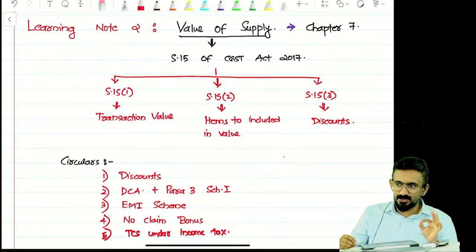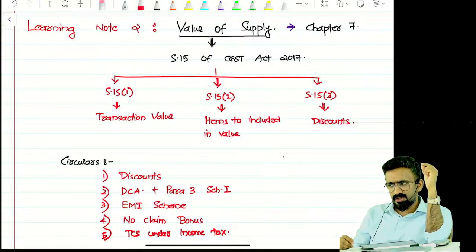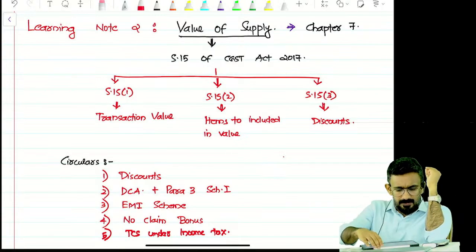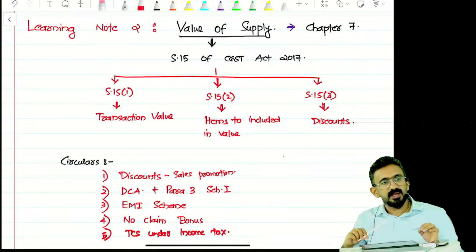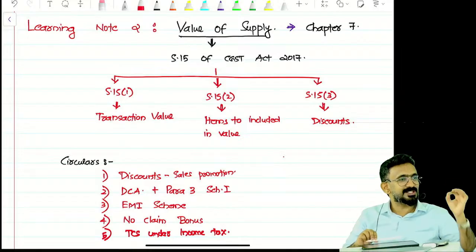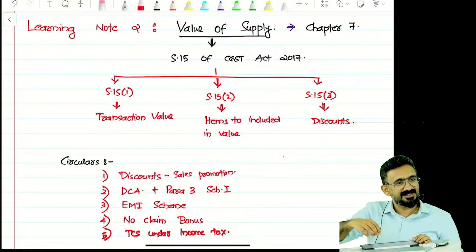What is value? Then there is a circular clarification on discount, which is connected with something called sales promotion. What is the GST impact on sales promotion? What if I give you a discount? Like Swiggy offers you a discount.